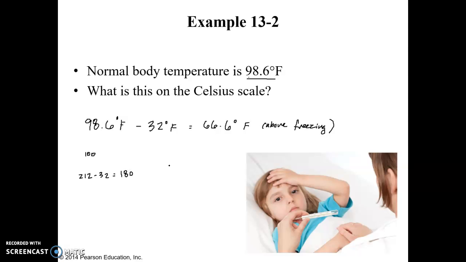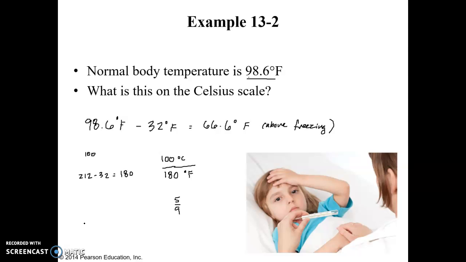So if we look at that ratio of degrees Celsius to degrees Fahrenheit, going between freezing and boiling, it takes 100 degrees Celsius for every 180 degrees Fahrenheit. Now, this ratio or conversion factor can be simplified. 100 over 180 is equal to 5/9.